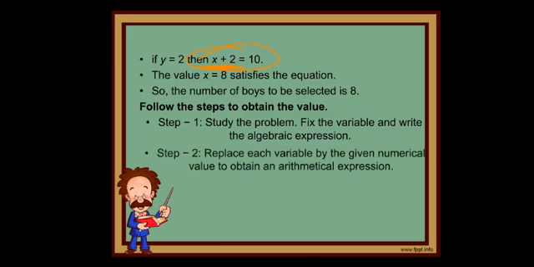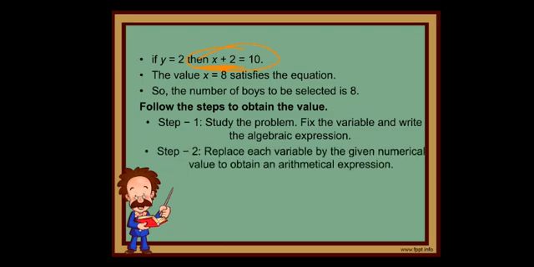What will be step 2? Step 2 is replace each variable by the given numerical value to obtain an arithmetic expression. So when a numerical value is given, we have to substitute it for the variable and get an arithmetical expression.